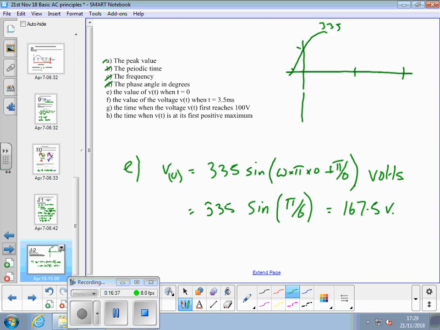So, that's that one done. F, value of the voltage when t is equal to 3.5 milliseconds.